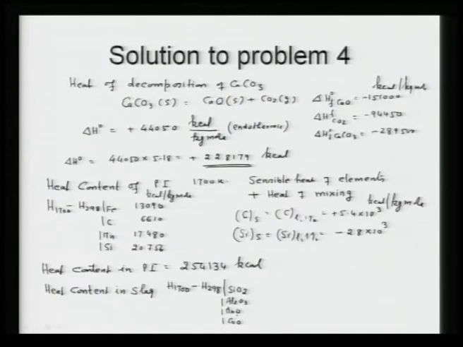Here for SiO2 it is 22860, Al2O3 40090, 17970, and calcium oxide is 14333. Mind you, they are again in kilocalorie per kg mole.